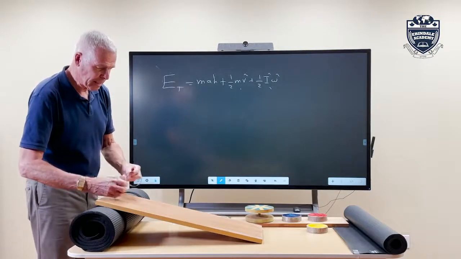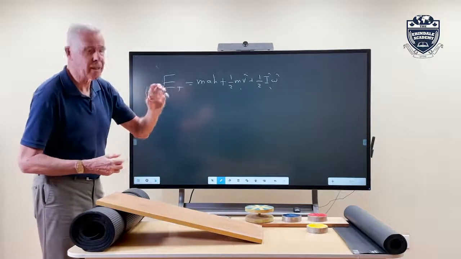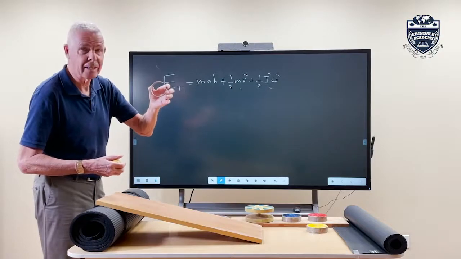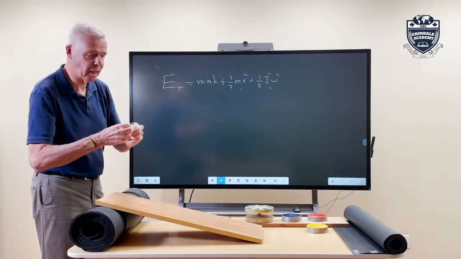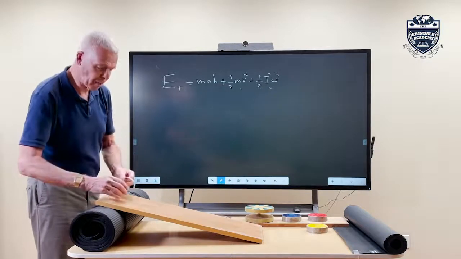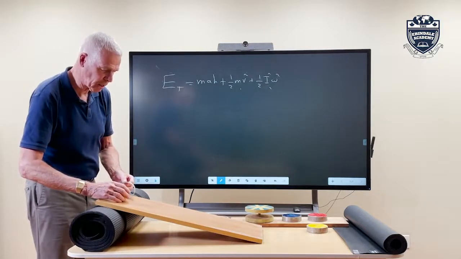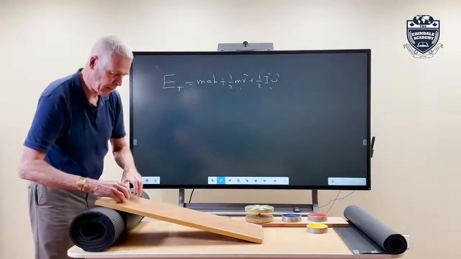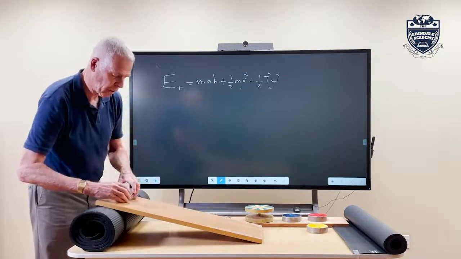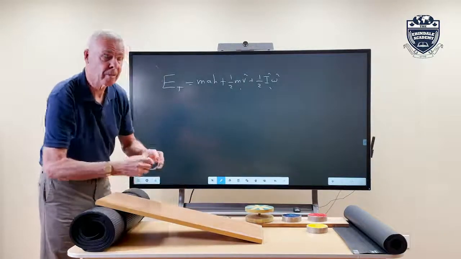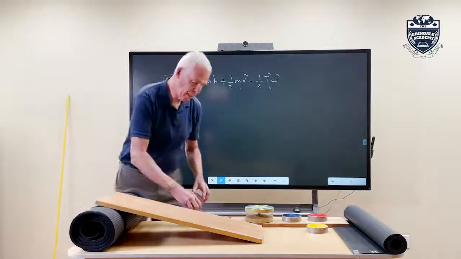Well, it's that I factor. The hoop has a higher I. It has a larger moment of inertia because all of its mass is at the outside, whereas with the ball, the mass is more concentrated. So if we go like this again, the ball always wins.